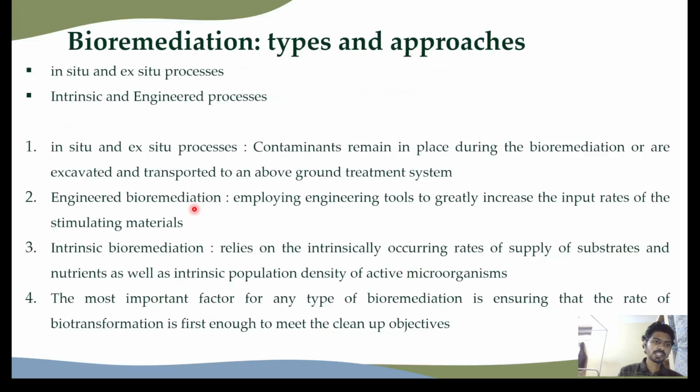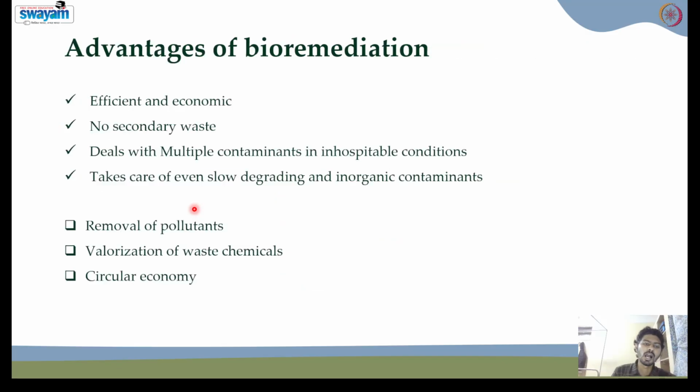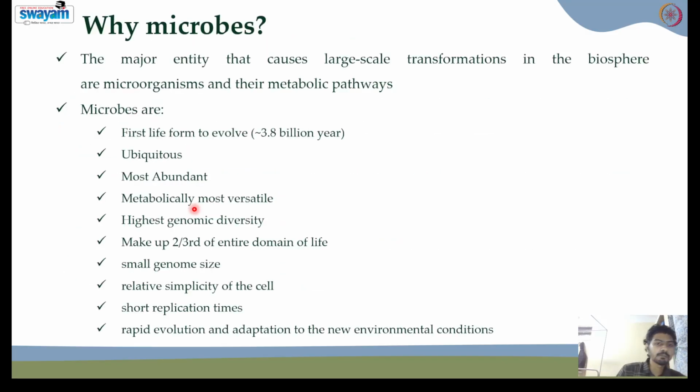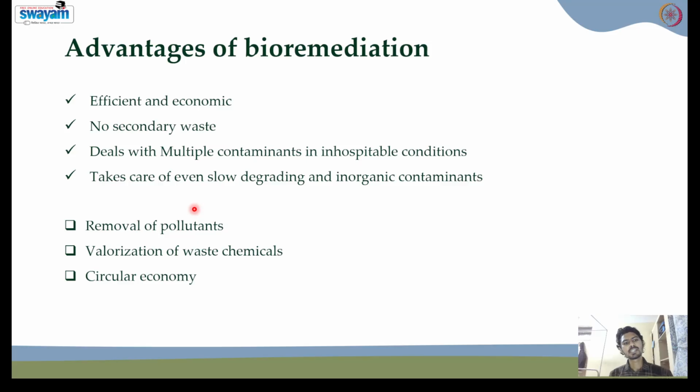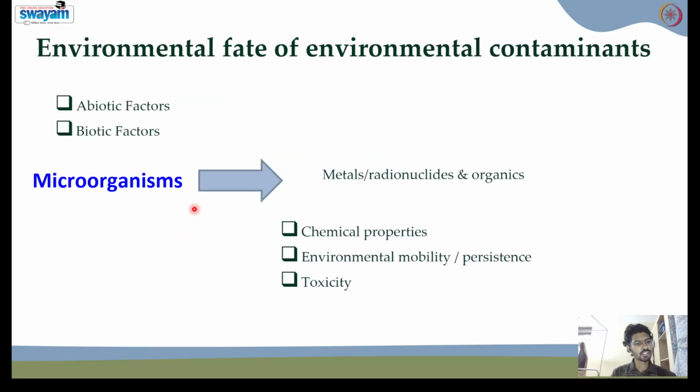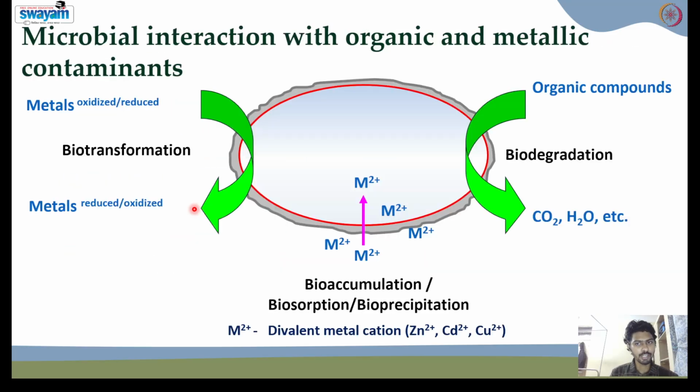And also we have seen why microorganisms need to be used for bioremediation, and we have discussed the advantages of bioremediation, the fate of environmental contaminants, and the microbial interaction not only with organic contaminants but also with metallic contaminants.